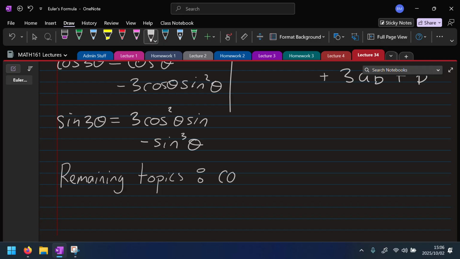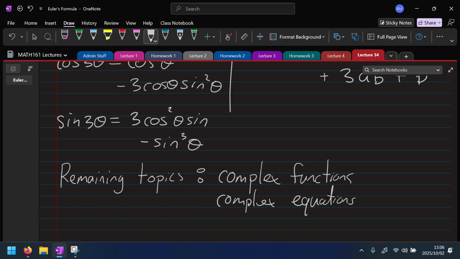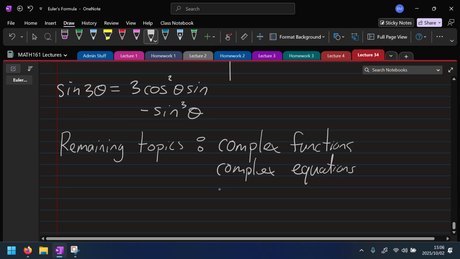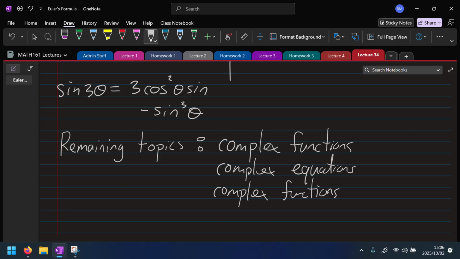Okay, so complex functions. Complex equations. Using complex functions in integrals. Remember integration techniques?